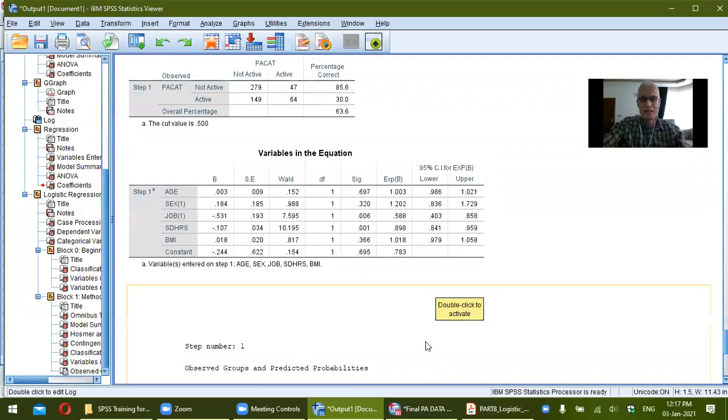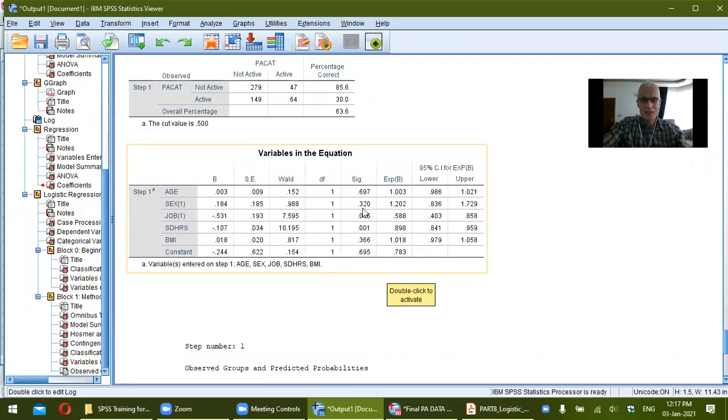You see that age is not significant, sex is not significant, job is significant, and sitting time is significant, body mass index not significant. These are the odds ratios. Where the odds ratio is less than 1, it means it is protective.